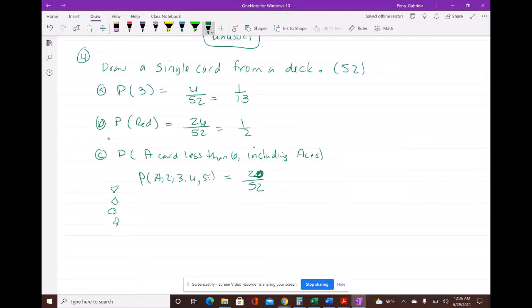My bad. 5, 5, 5, and 5. This reduces, and I'm going to reduce by half. Half of 20, 10, half of 52, 26. I can still reduce this. Half of 10, 5, half of 26, 13. So my answer would be 5 over 13.